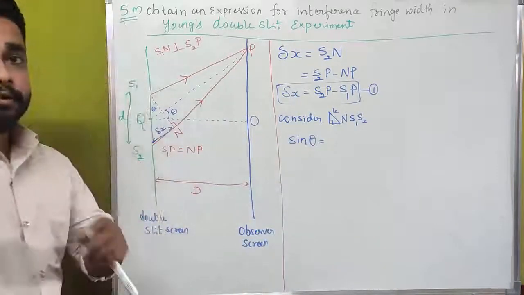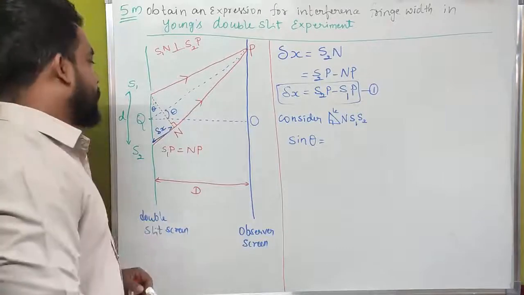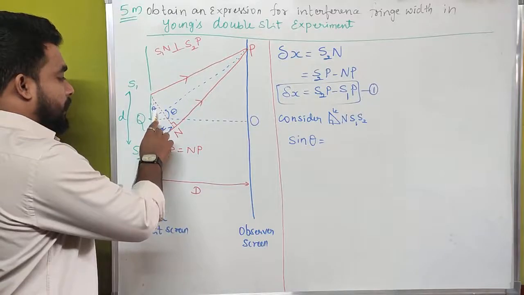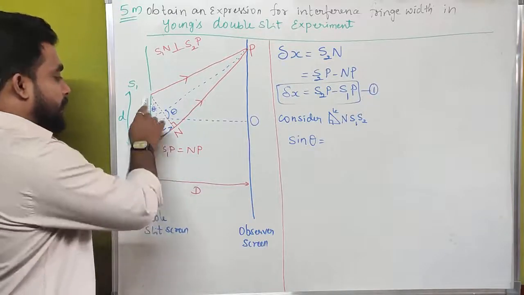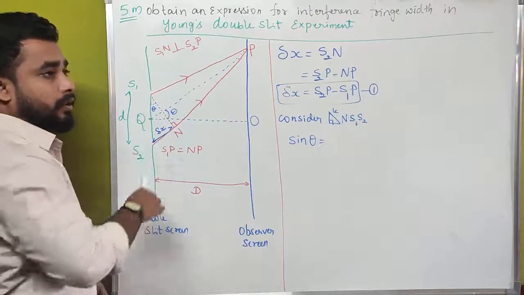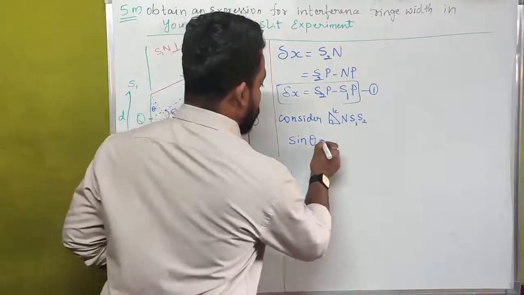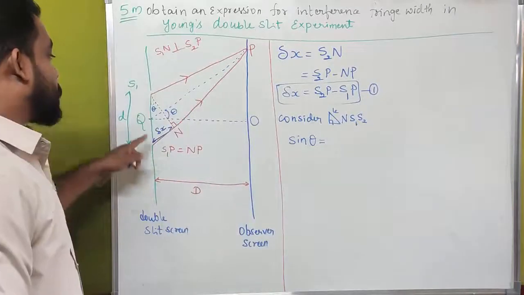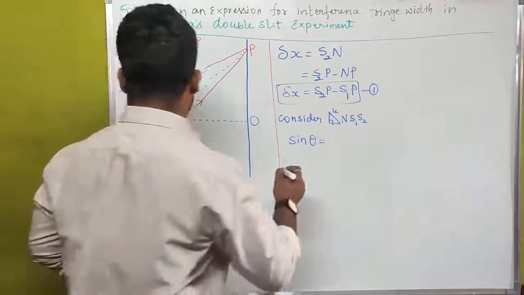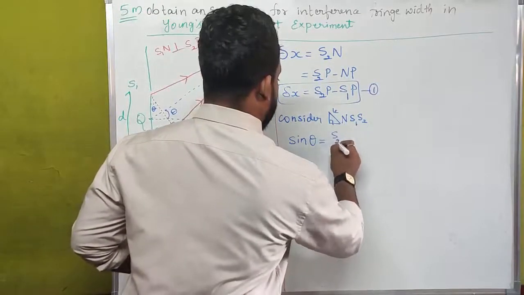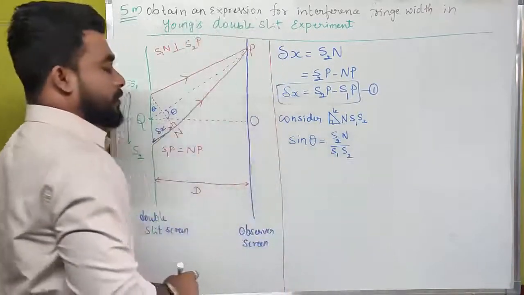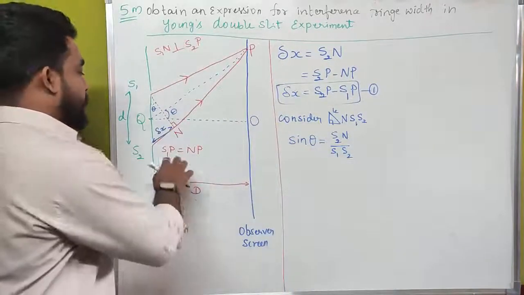What is the expression for the sine function in trigonometry? Sin theta is equal to opposite by hypotenuse. If this is our angle, the side opposite to that angle is the opposite, and this slant side is our hypotenuse. The slope is always called the hypotenuse. So sin theta is equal to S2N divided by S1S2.